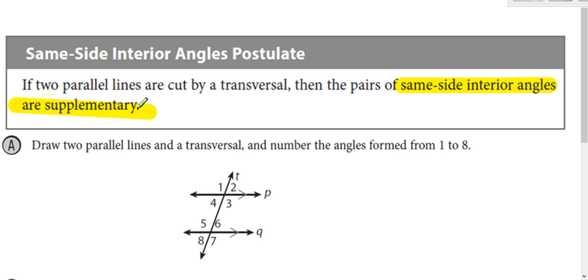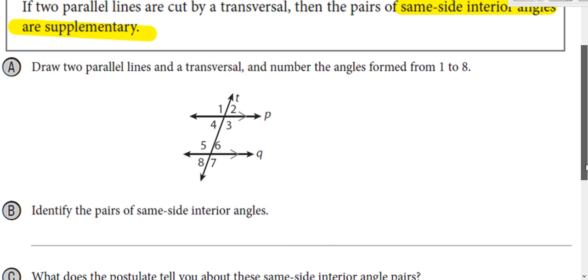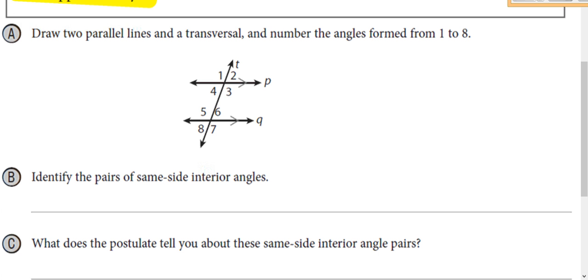And again, supplementary means they add to 180. So we can first identify which angles are same side interior. Interior means between those two parallel lines.